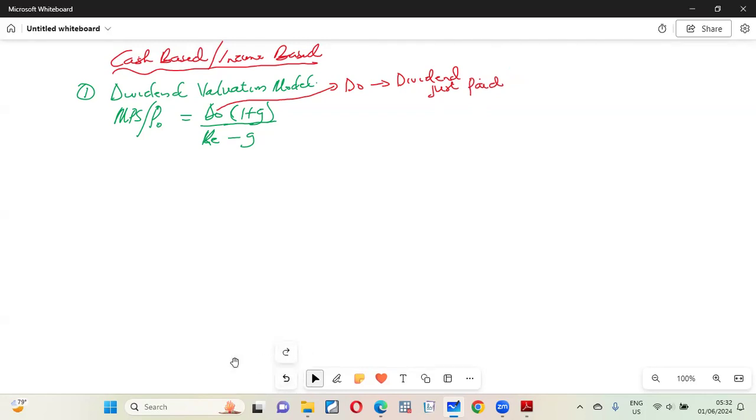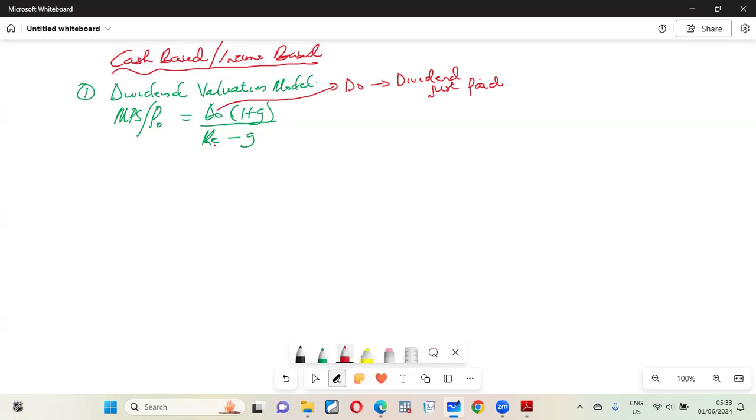But we relate the ex-div with the cost of capital, so I'll come to that. If dividend has just been paid, it is ex-div. If dividend is about to be paid, then it hasn't been paid; that one we call cum-div. But here, we don't focus on that. In financial management, we look at all those things. But here, what you need to know is that D0 is the dividend just paid.